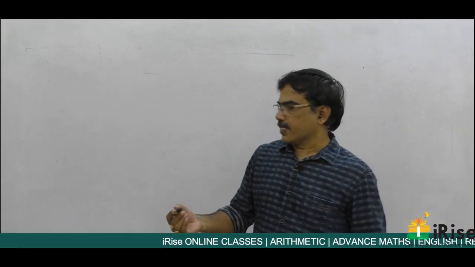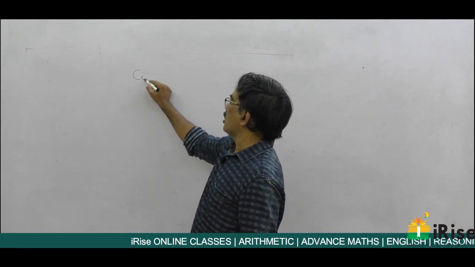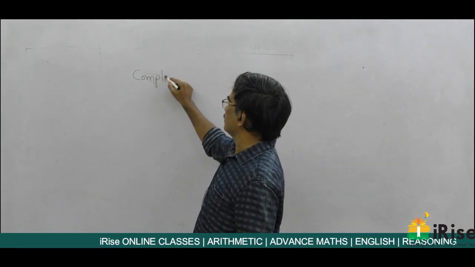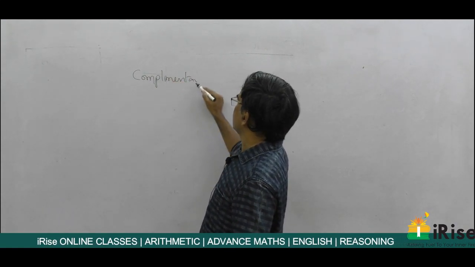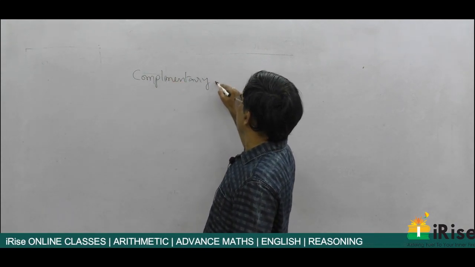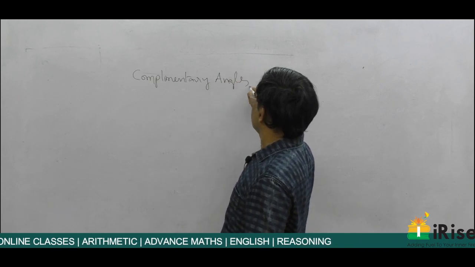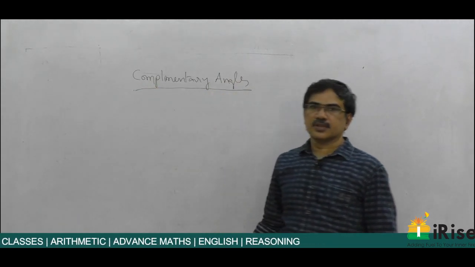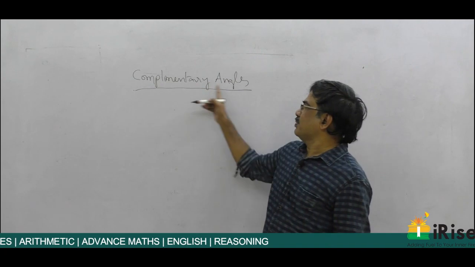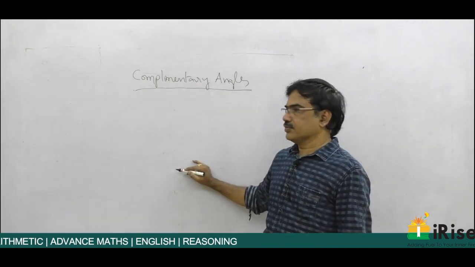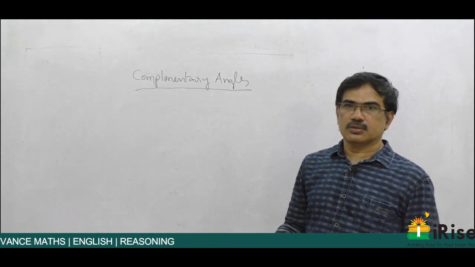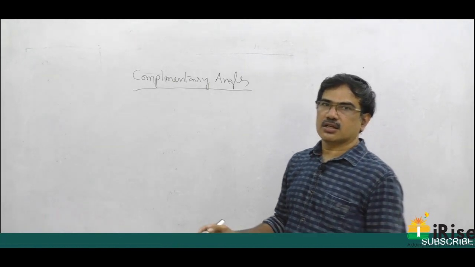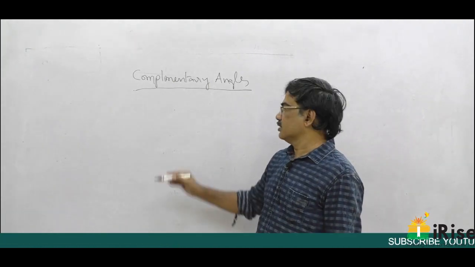Next, complementary angles. So what are complementary angles? If the sum of two angles is equal to 90 degrees, then they are called complementary angles.